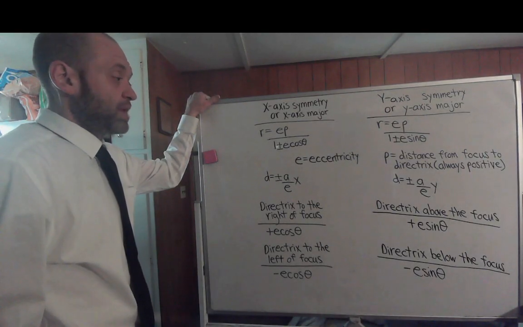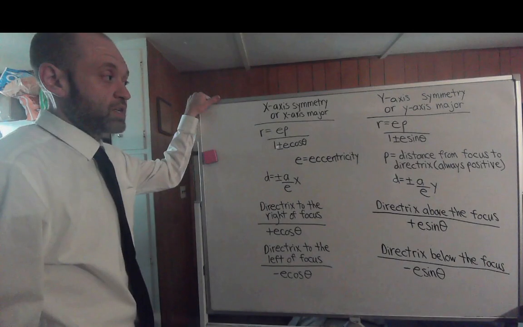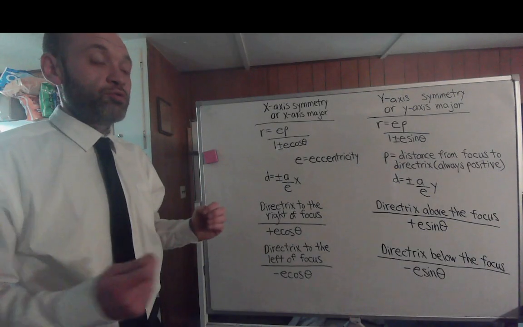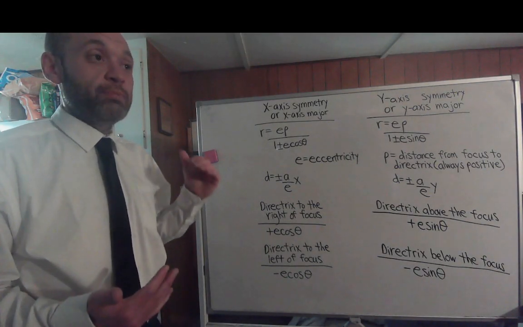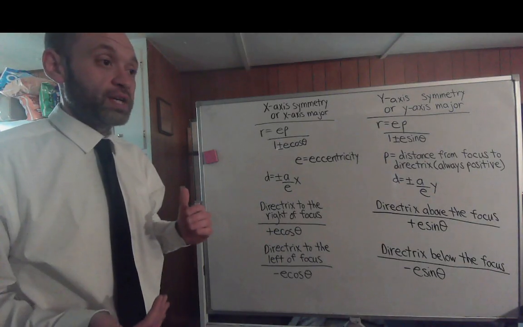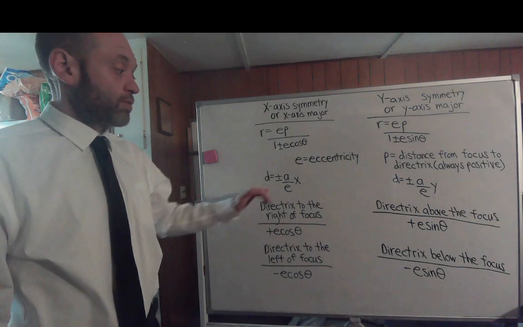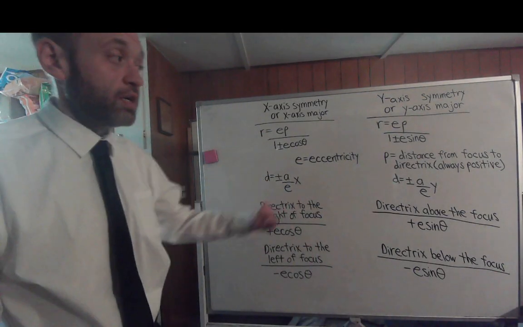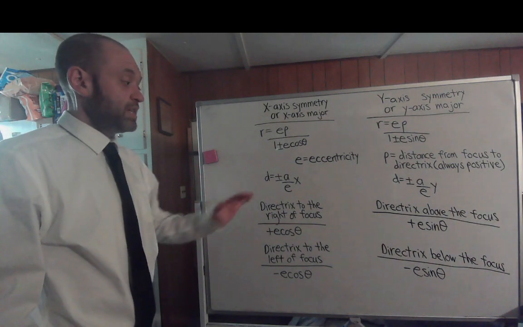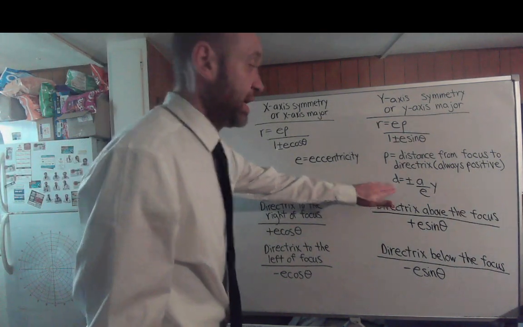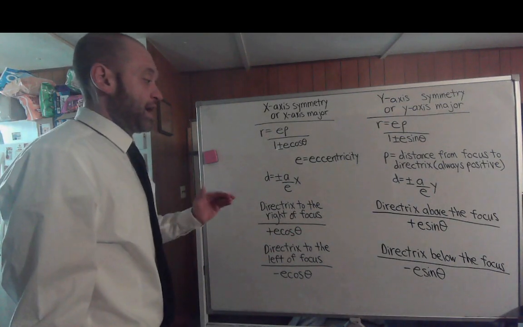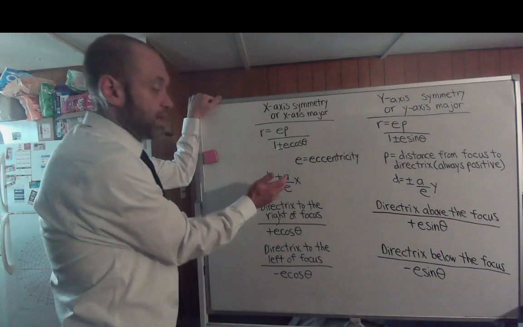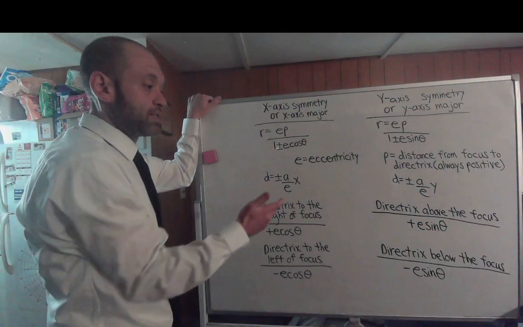And then we also have to talk about the directrix. We know in a parabola, the vertex of the parabola is exactly halfway between the directrix and the focus. So we don't really need to use these formulas for that, though we technically could. But these formulas come into play when you're talking about ellipses and hyperbolas.